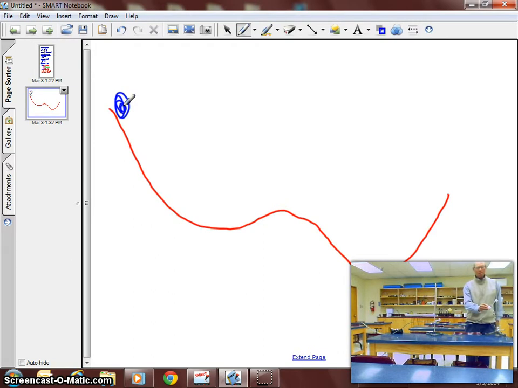Starting here, we have purely gravitational potential energy with respect to the bottom of the track on the table. And let's look at what happens.